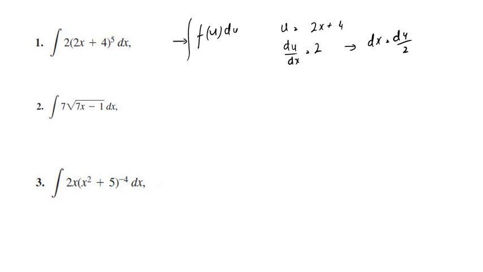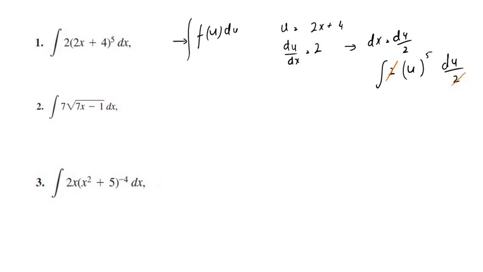Now we would be left with an integrable function, that is 2 u to the power 5, and dx would be du over 2, and these would cancel off. So we would have u to the power 5 du, and you know how to do that.